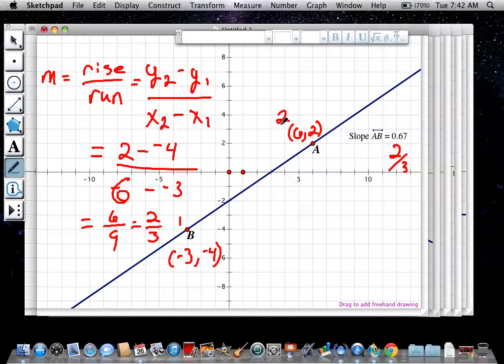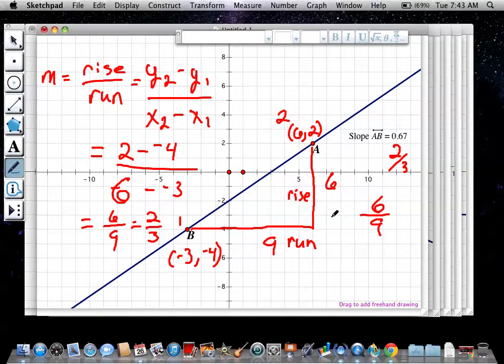So given 2 points, you can find the slope of a line. Remember, it rose 1, 2, 3, 4, 5, 6. It ran 1, 2, 3, 4, 5, 6, 7, 8, 9. So 6/9. That's how we can calculate slope using 2 points.